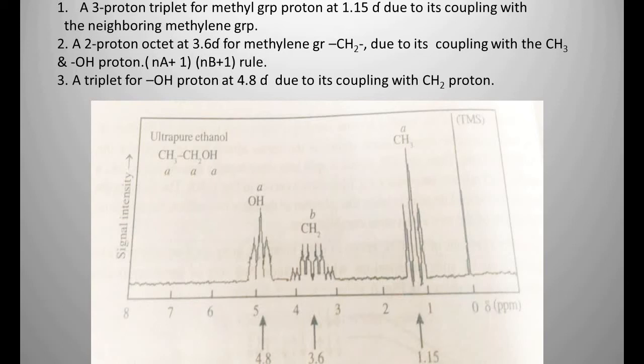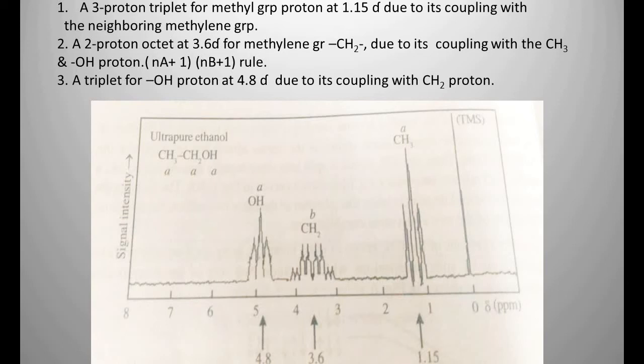You have to note that the chemical shift is 4.8 delta from the TMS. Due to the chemical shift, OH is shifted to 4.8 delta, absorption occurs with respect to the middle peak, and it is split into 3 due to the coupling with the CH2.